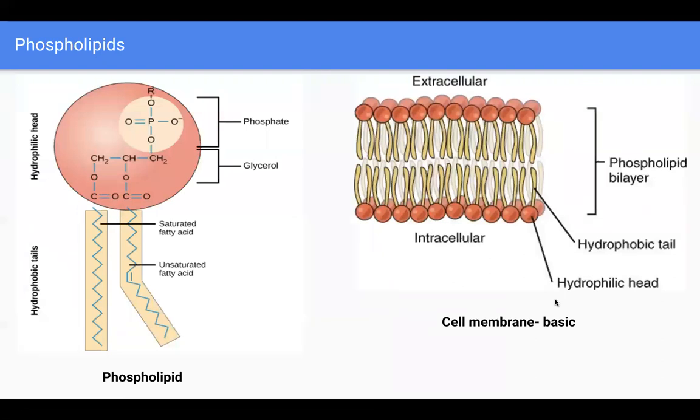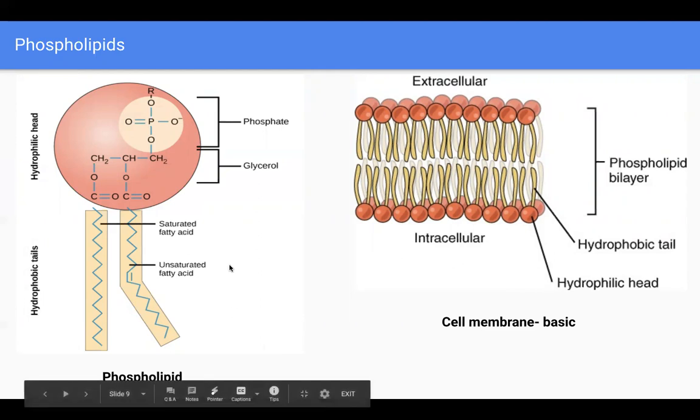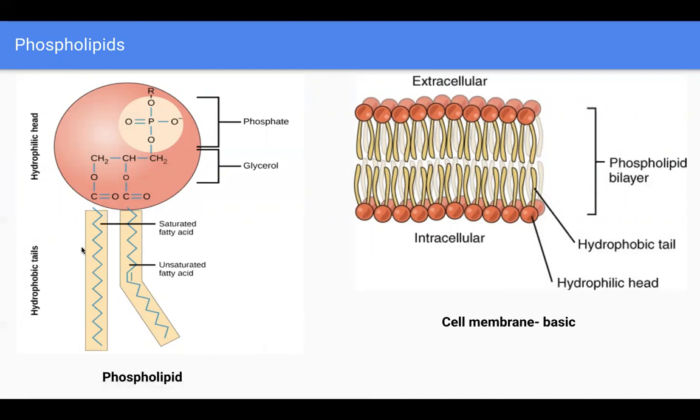The next main type of fat that we have is phospholipids. Phospholipids are a little different than triacylglycerols. We can see here that there's only 2 fatty acid chains compared to triacylglycerols, which have 3 fatty acid chains. In addition, we also have a phosphate group attached to the glycerol.